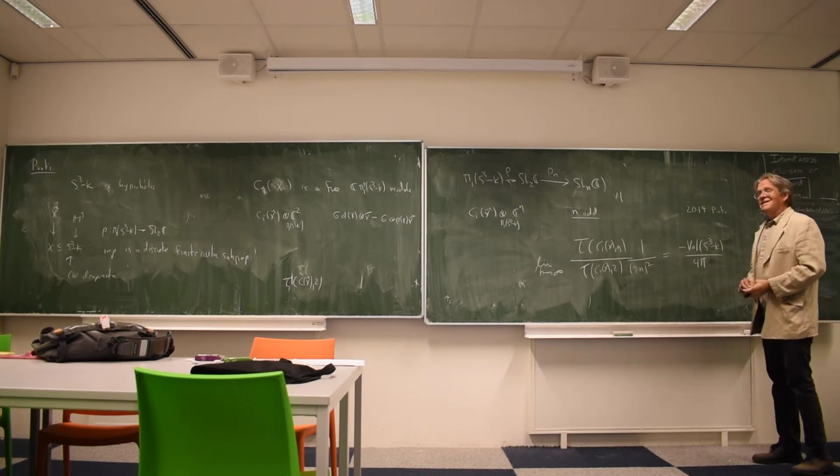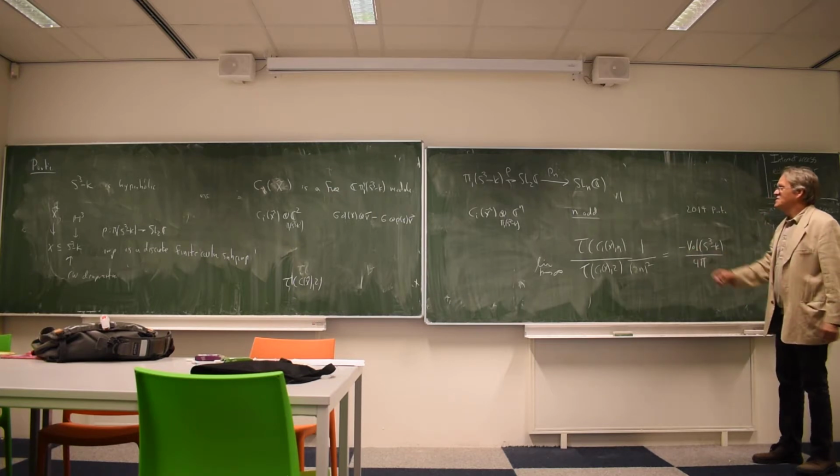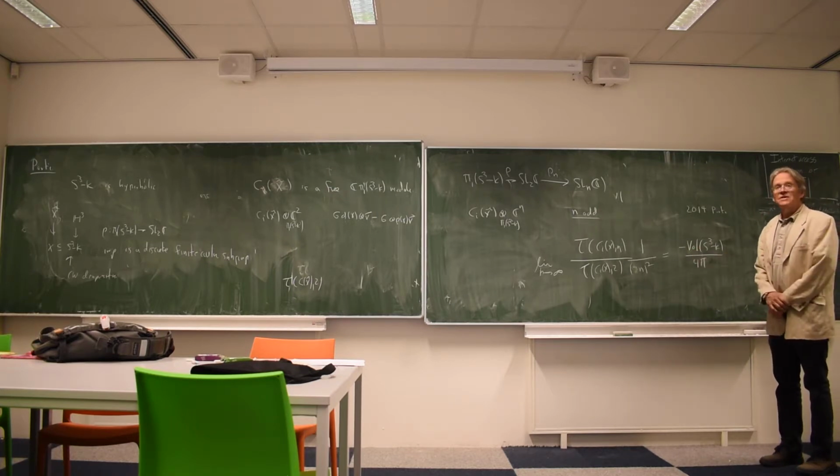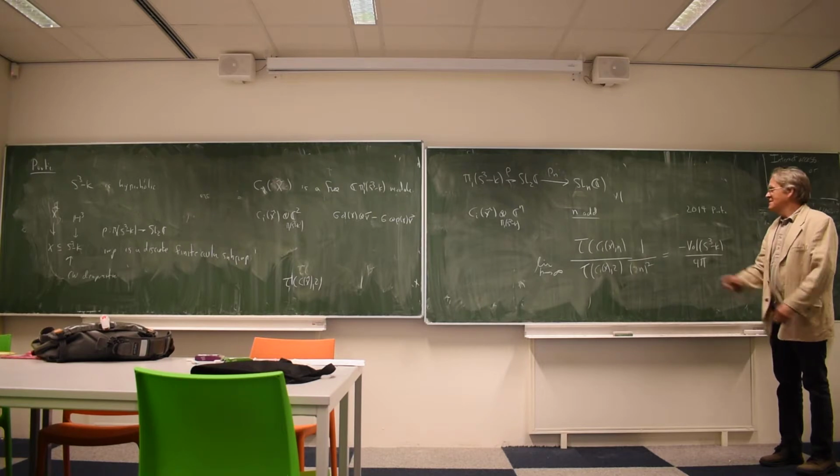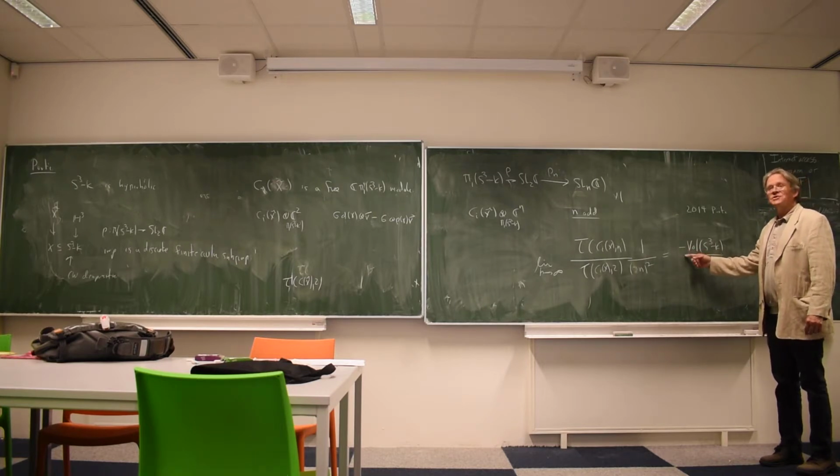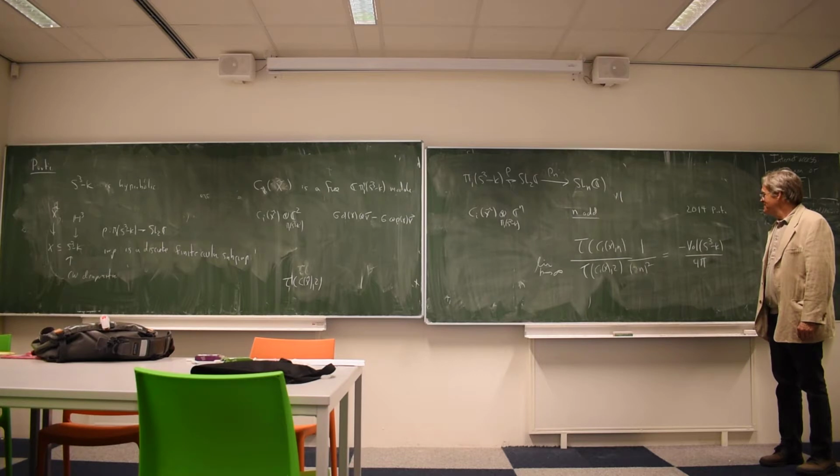So it seems to me that the negative sign is because you were looking at the wrong chain complex. Because it's shrinking, you should have looked at the dual chain complex.